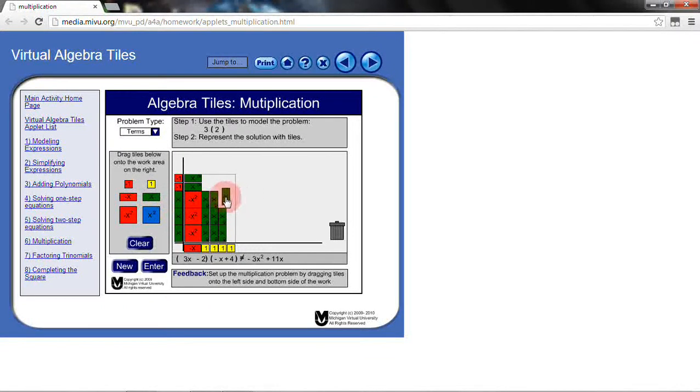You could throw all these in faster, but I really do like this program because it checks as you go, and I think for students that would be a great tool, especially when they're learning how to use algebra blocks. So that's all my 1 times x. And then now I'm going to fill in my 1 times negative 1 here, which will be negative 1. So I fill this in all the way across the board.